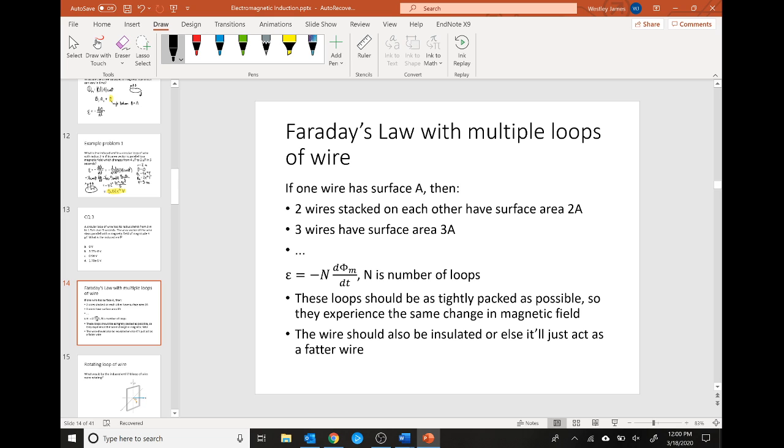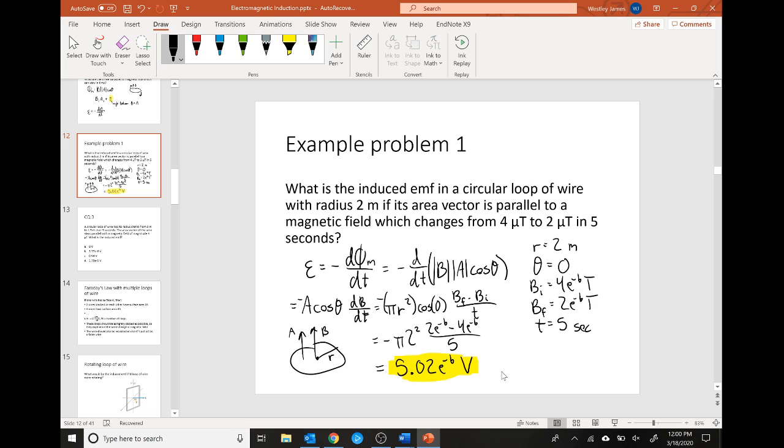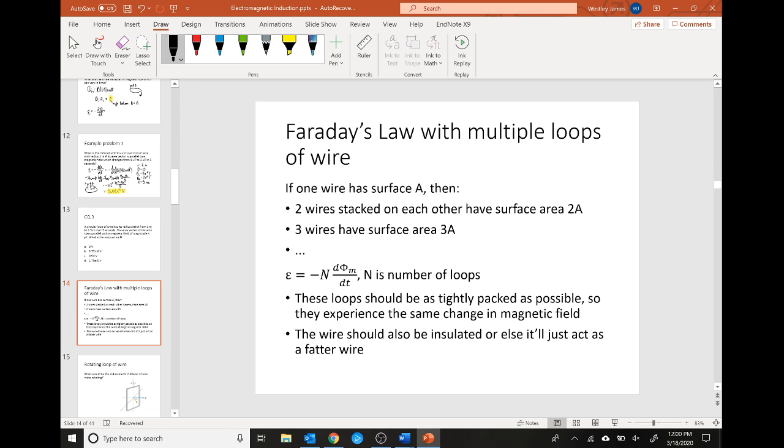So how do we actually make a large voltage? Again, if we see here, I already mentioned 5 times 10 to the minus 6. That's lousy. You can't do anything functional with that. So how do you actually generate a large voltage? Well, if I have one loop of wire, that's how much it makes. But what if I put another loop on top of that?